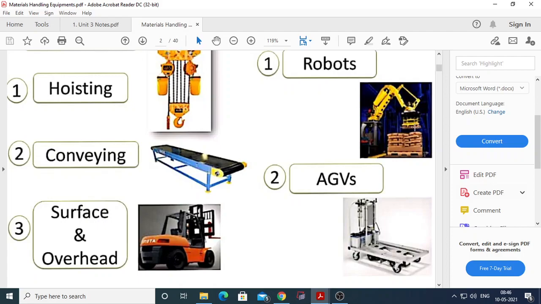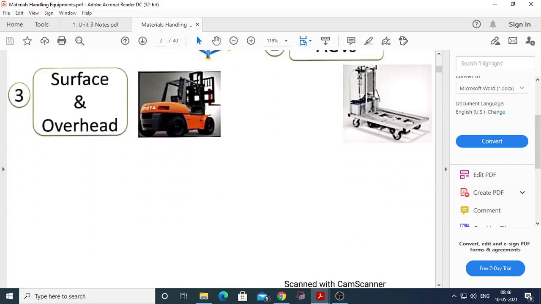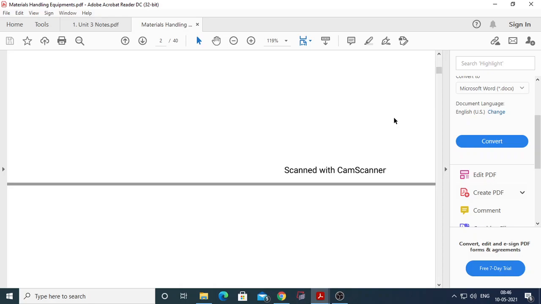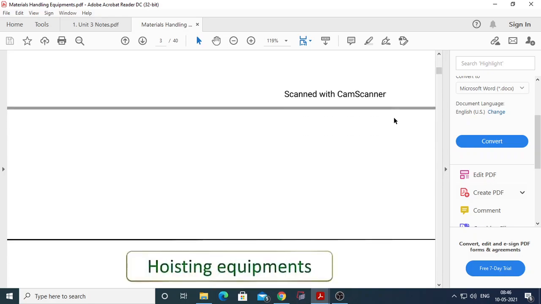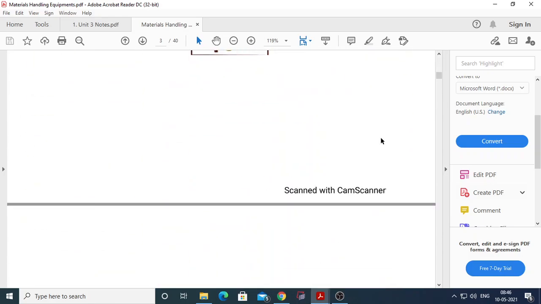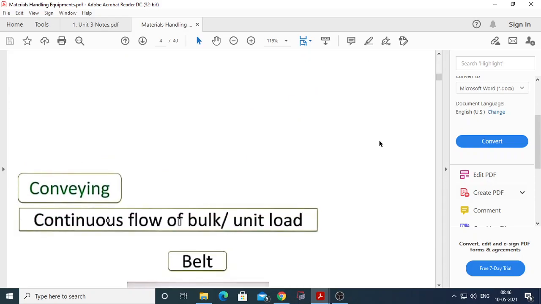They pick the load, transport the load, and set the load down. They are given the horizontal distance and vertical distance. All these things are computerized in the AGVs and robotics system. Okay, this is the classification of the material handling system. Are all of you getting the material handling system?